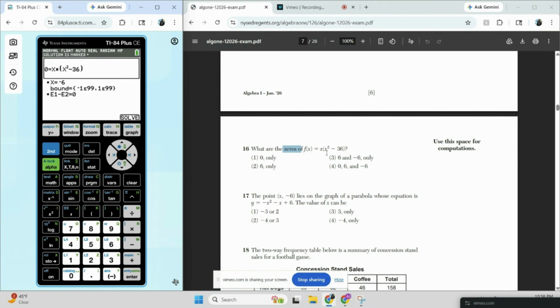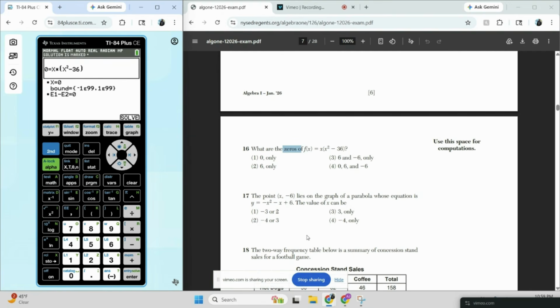If I'm going to get an x to the third, that means I'm more than likely at this level going to have 3 answers. When that is the case, I do x equals 10, I do x equals negative 10, and I do x equals 0. My 3 answers give me choice 4. 16 questions, 9 on the calculator.